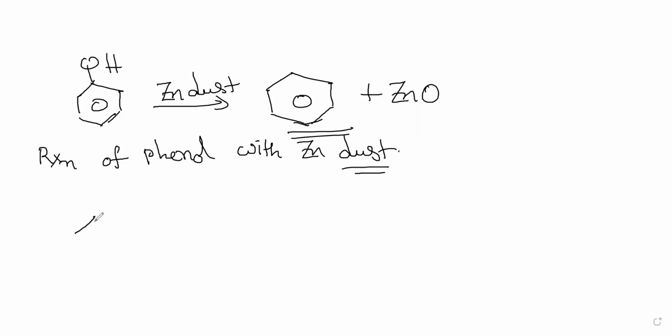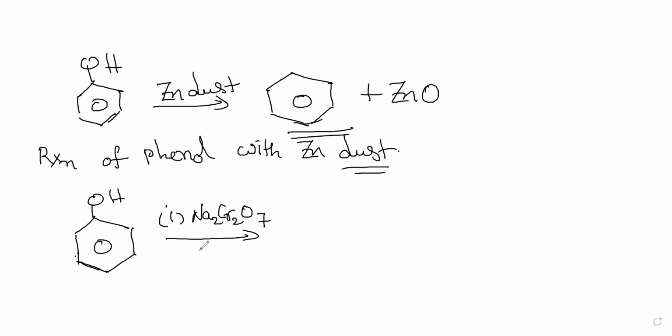Another reaction is oxidation of phenol. This is asked in the question paper. So when you take phenol and treat it with Na2Cr2O7 and heat it with H2SO4, you will get something called benzoquinone.